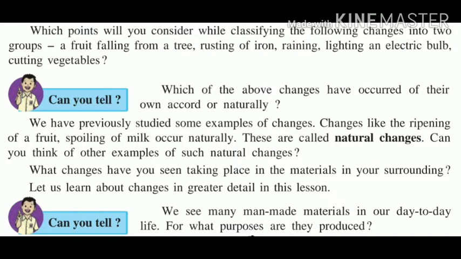Also, ripening of fruit is a natural change, but it is also a useful change, because if the fruit doesn't ripen, the value of the fruit will not be there or we don't get the good taste. So it's a useful one. But if the fruit gets overripened and starts rotting, that can again be called a harmful change. So in this way we can classify the natural changes and the harmful changes.